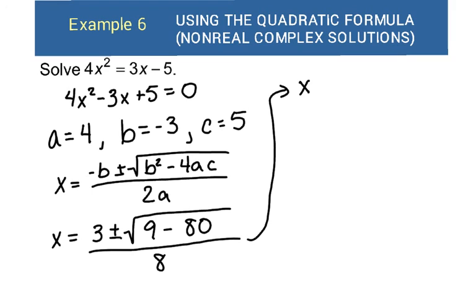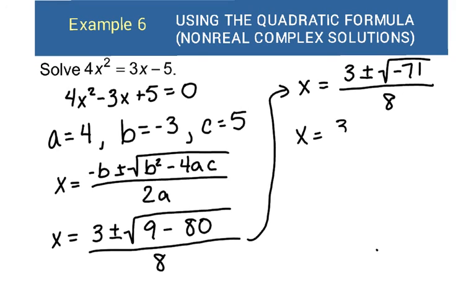Okay, and now let's reduce what's in the radical. We're going to get -71 here. There's not very much simplification to this problem, so we can take the negative out of the square root by calling it i.